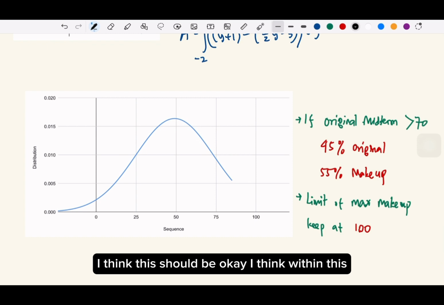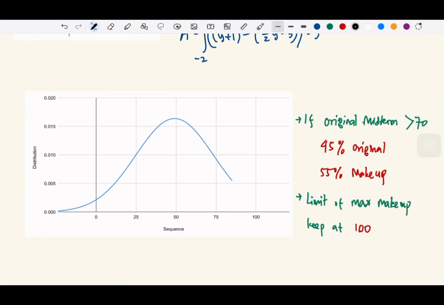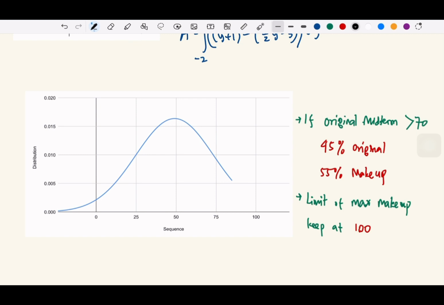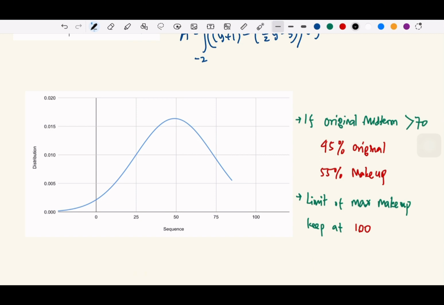I checked the numbers and the statistics, and the distribution is okay. So you still get the improvement, but not as much as with the previous percentage. Just an additional policy and some percentages. I hope everyone, if you already computed your score, can now use this, at least for the 70.